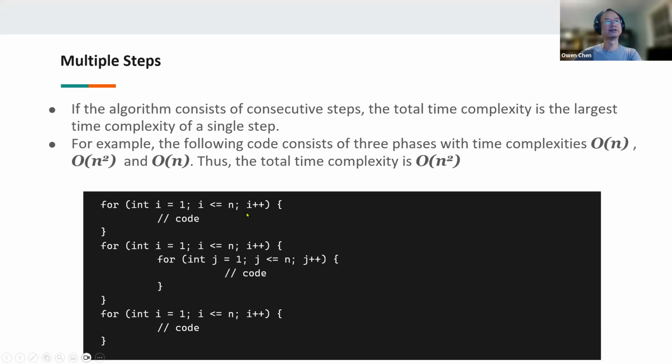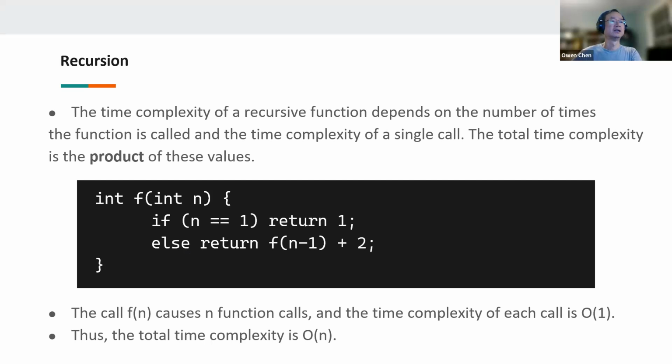Okay, so when you have multiple steps, just look at which step is the worst case. How about a recursive function? Instead of a loop, where we can calculate whether it's a one-time loop or nested loop, if it's recursive, how do we calculate the complexity?